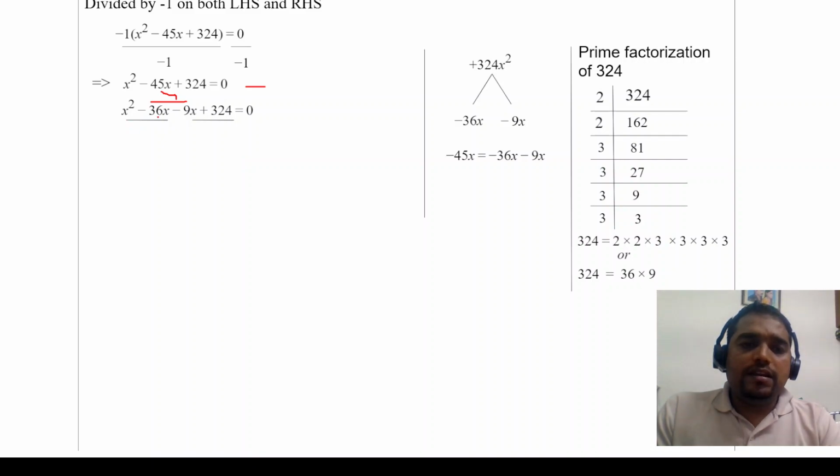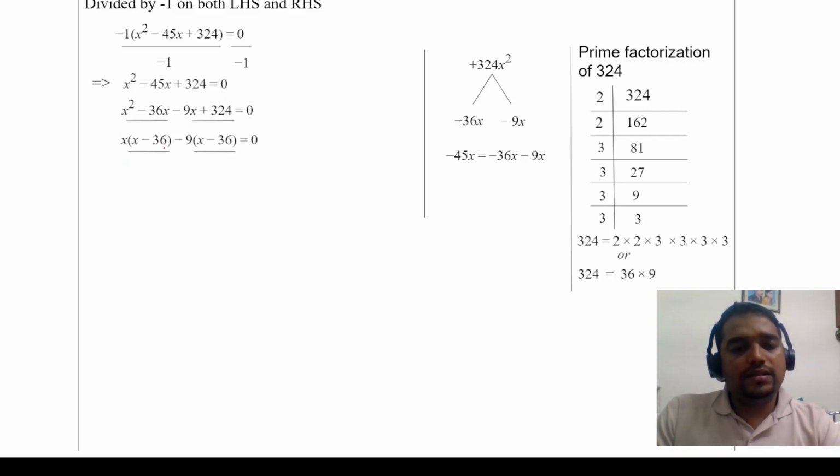Now the first and second terms, of which the only common factor is x, let us take the common factor x. So from x squared, x is left, and from minus 36x, minus 36 is left. Similarly, out of minus 9x and plus 324, if I take minus 9 common, then from the third term, minus 9x, x is left, and out of plus 324, minus 36 is left.